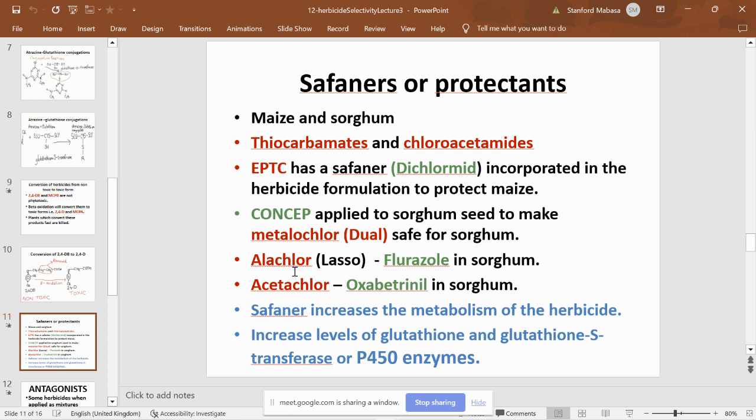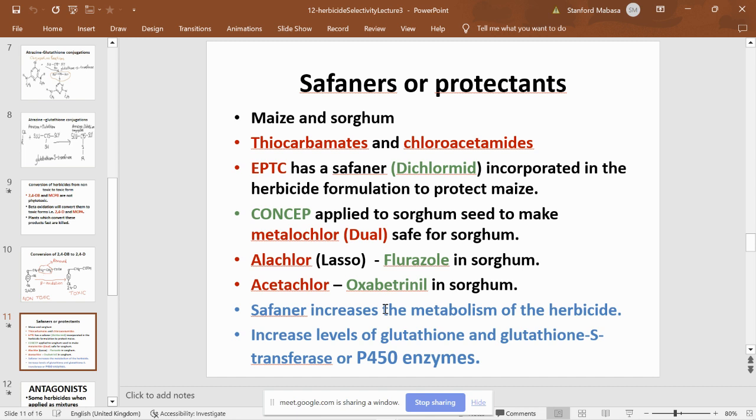Lasso or alachlor has a safener known as flurazole, and you can use it in sorghum. Acetochlor has a safener known as oxabetrinil in sorghum. So it is these grass killers which need safeners if we are going to use them in maize and in most cases in sorghum. But Concept is quite common in metolachlor so that we don't kill our sorghum.